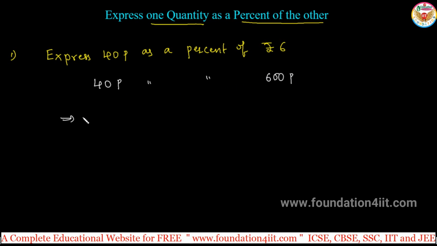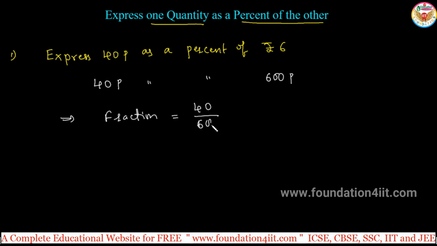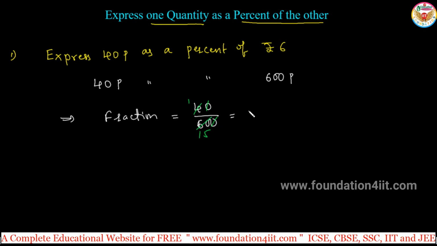The fraction is 40 paisa out of 600, same units, so 40 by 600. Write in simplest form: zeros cancel, 4 times 1 is 4, 4 times 15 is 60... so 1 by 15 is the fraction.